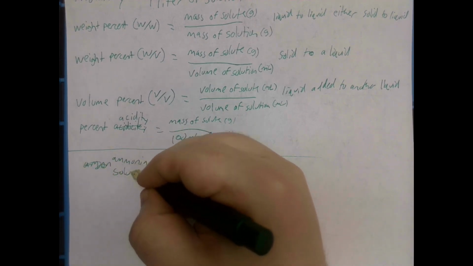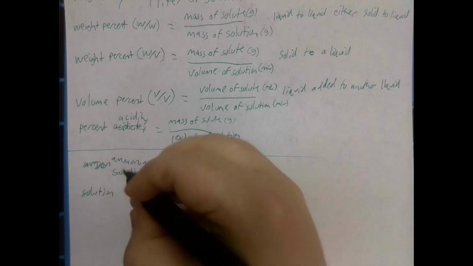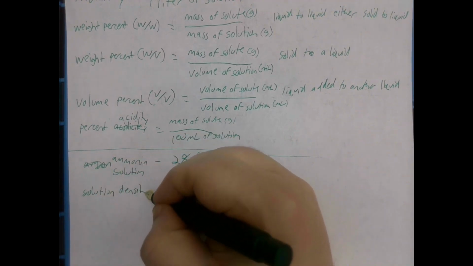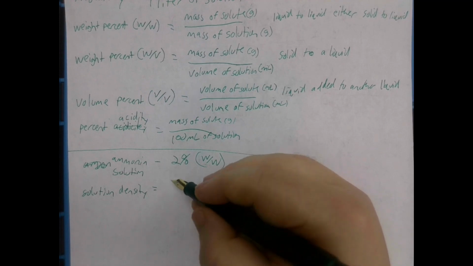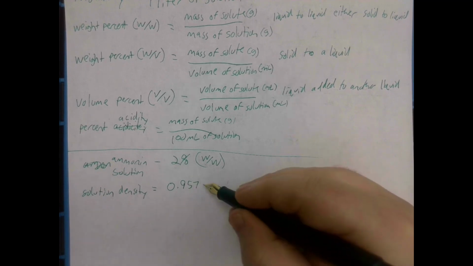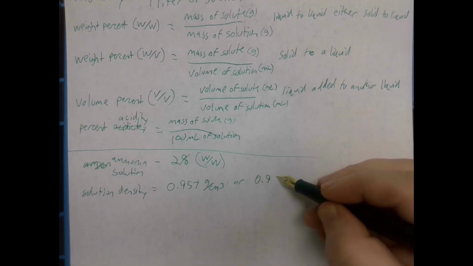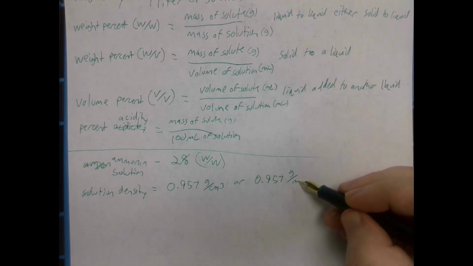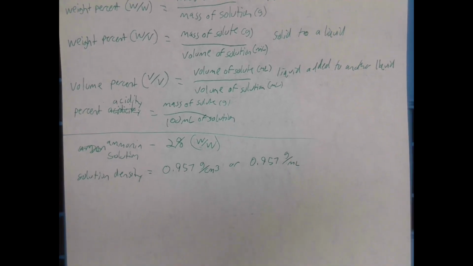And the solution density, you can easily calculate. Measure the volume and the mass, and you can get 0.957 grams per cubic centimeter, or 0.957 grams per milliliter, because cubic centimeters and milliliters are the same. So the question is, what is the molarity of the ammonia solution?